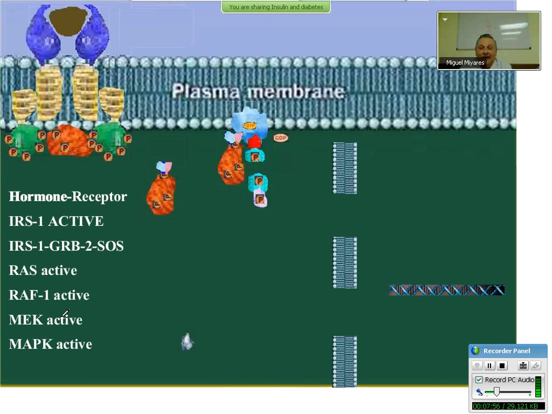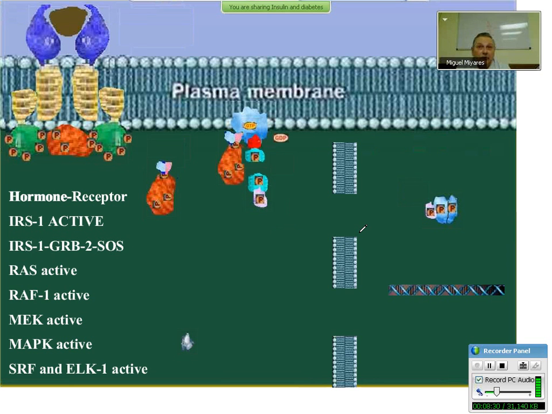MEK1, another of the MAP kinases. This MEK will produce the phosphorylation of more MAP kinases, and these MAP kinases will move, translocated to the nucleus, and in the nucleus we phosphorylate different activators of the protein synthesis, activator of transcription.